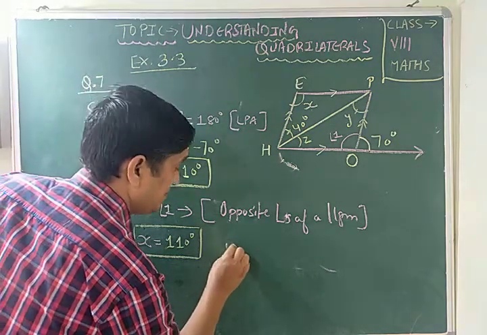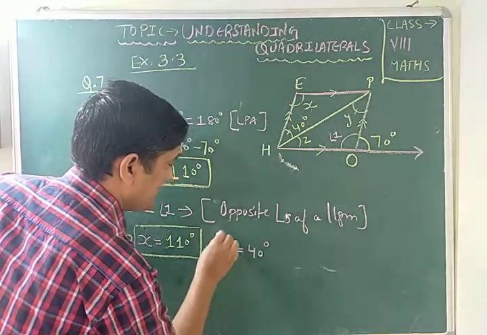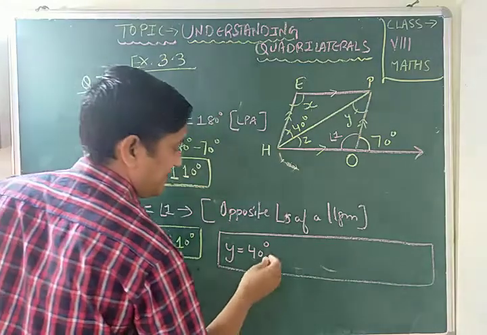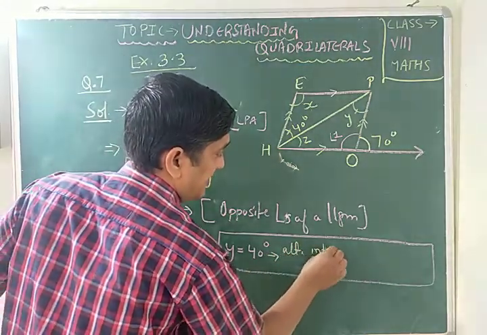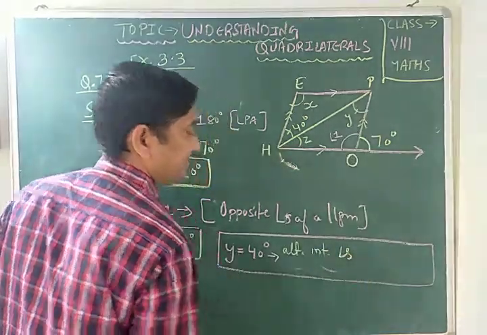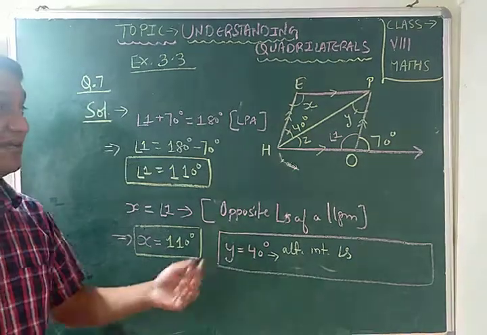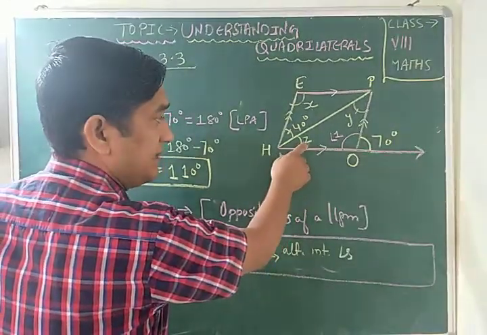Angle y is equal to 40 degree because these form alternate interior angles. Now which one is left? This is Z. Z is left now.